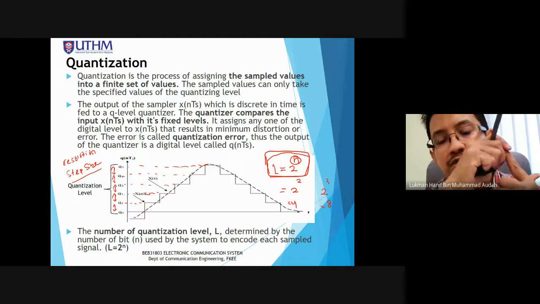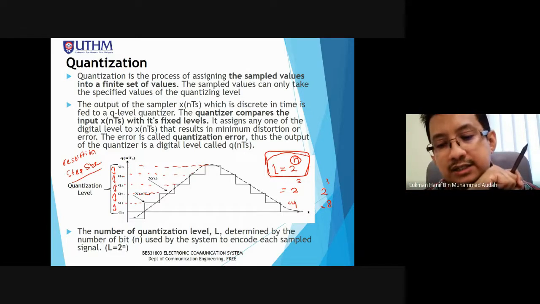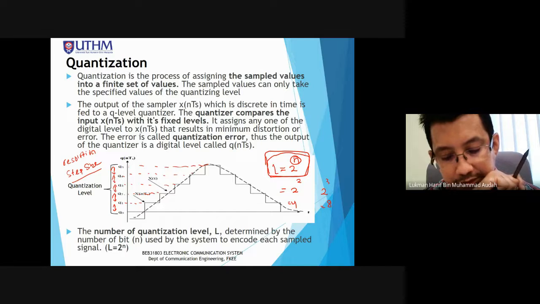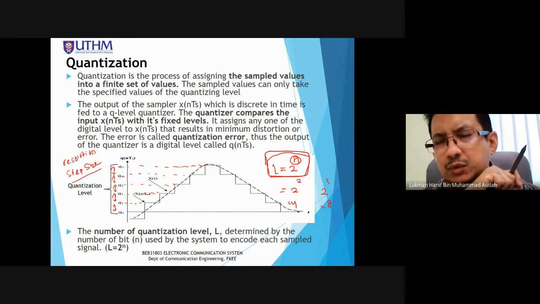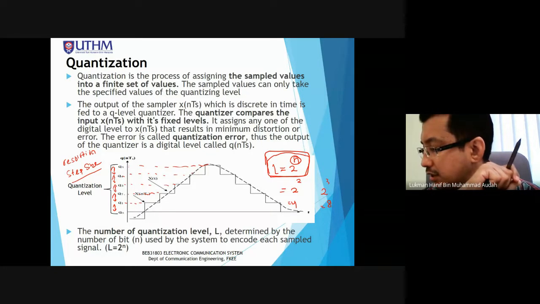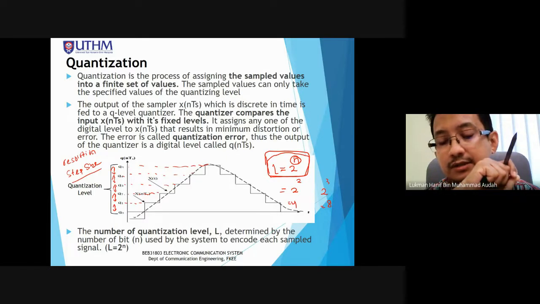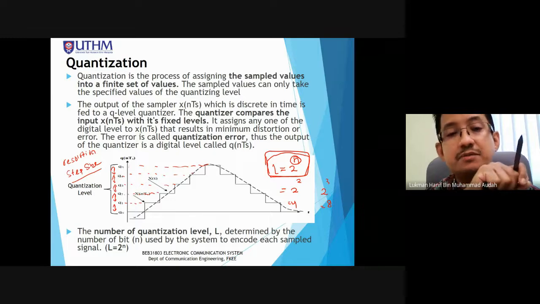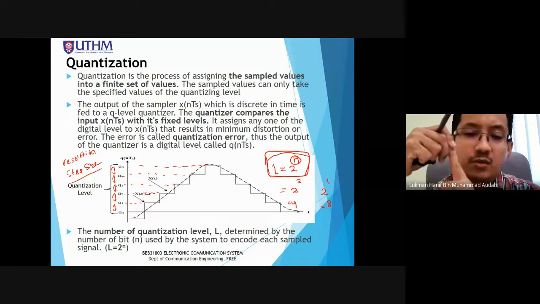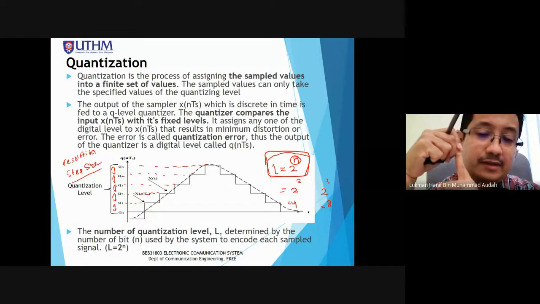Remember that bandwidth ini adalah salah satu important parameters ataupun salah satu kriteria utama yang digunakan dalam kita semasa design communication system. Because the bandwidth is very strict.